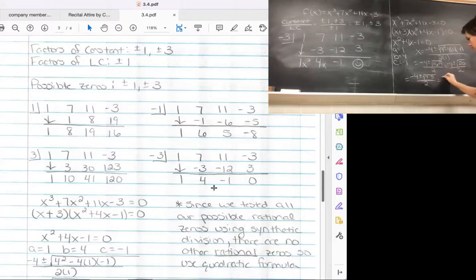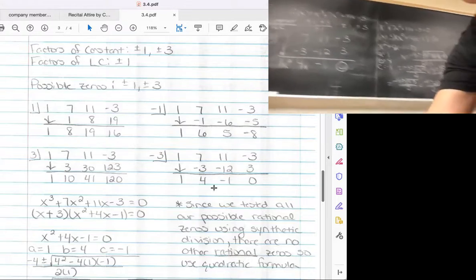Square root of 4 is 2, so bring that out front. So you have negative 4 plus or minus 2 square roots of 5 over 2, which reduces down to negative 2 plus or minus the square root of 5. Let me slide you over because I know you ran off the screen.